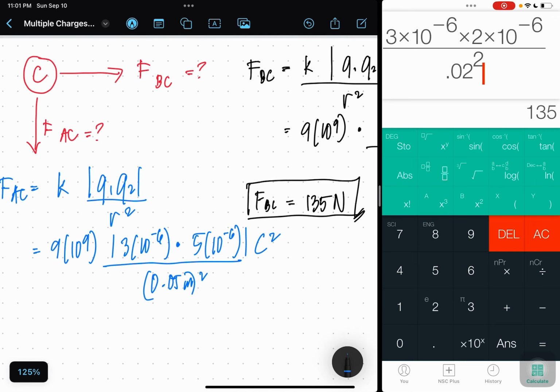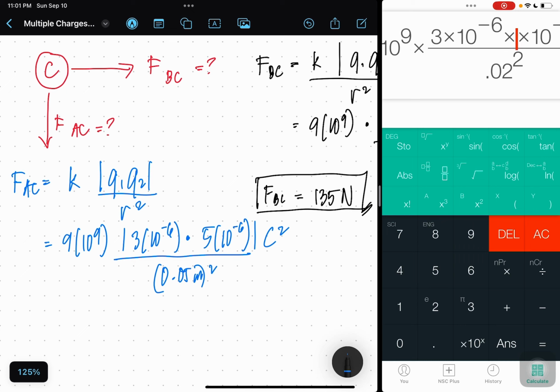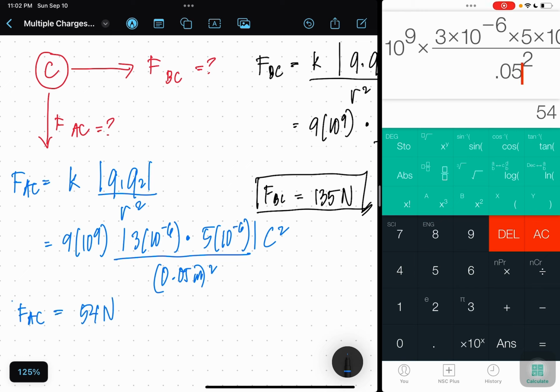Okay? So using our calculator, we are able to get the value of AC equal to 54 Newtons.